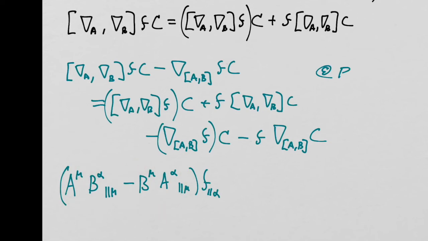You can end up with a covariant derivative of B in the direction of A, so that's going to be A acting on B, and then the covariant derivative in the direction of B acting on A, and you'll end up with the covariant derivative of f as part of that whole thing in the direction of A or B both. So this is the index version of that. I think we've done that before.